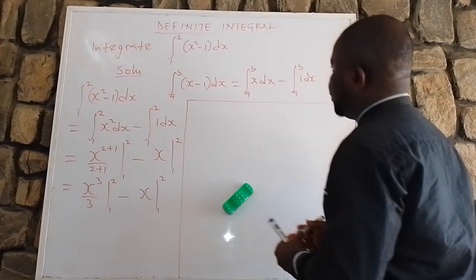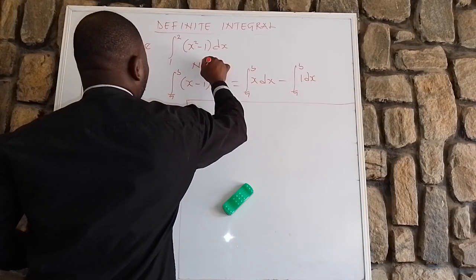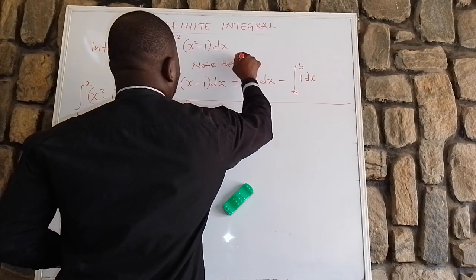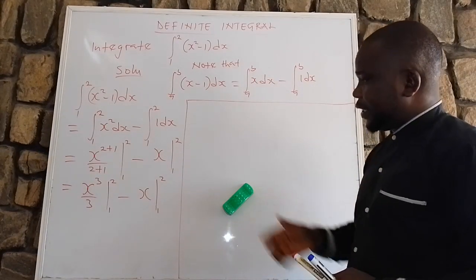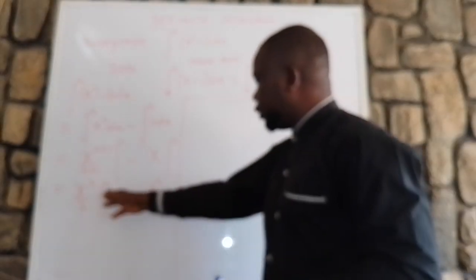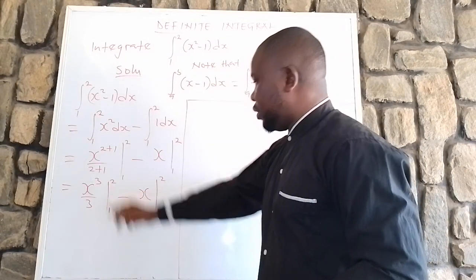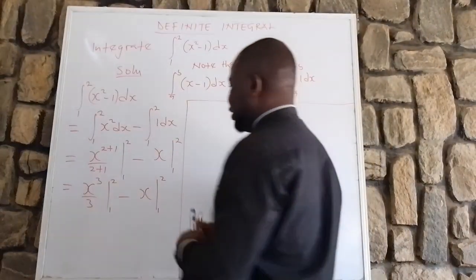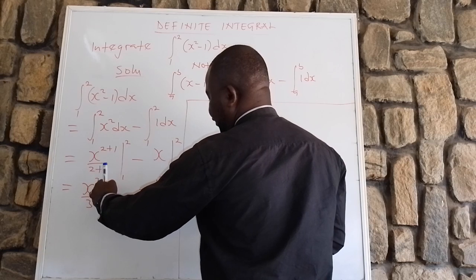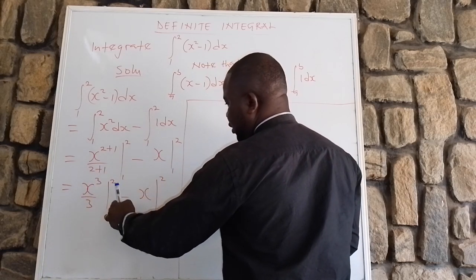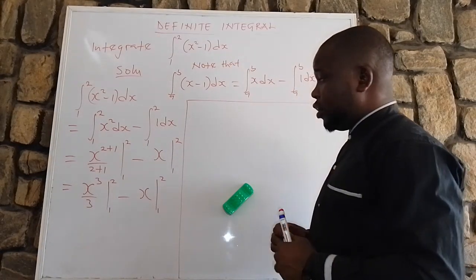Note that we now subtract the lower limit from the upper limit. That is, anywhere you see x, you write 2 raised to the power of 3 all over 3 minus 1 raised to the power of 3 all over 3. That is what you are going to do.